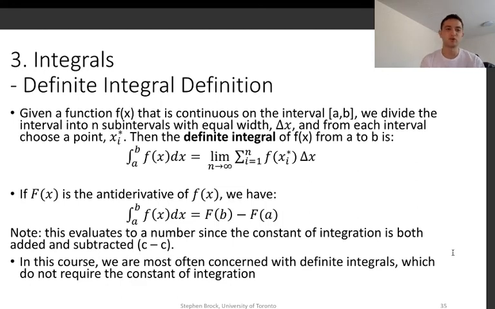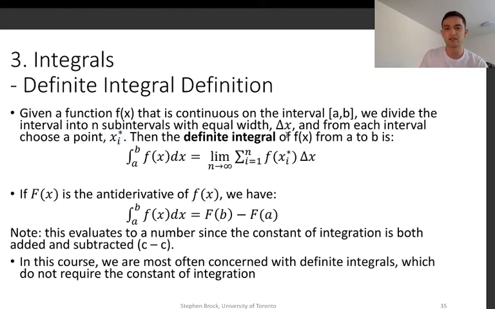Alright, so moving on to the definite integral. Again, this is a very technical definition, but it's important to understand what the definite integral represents. Given a function f of x that is continuous on the interval a, b, we divide the interval into n subintervals with equal width, delta x, and from each interval choose a point xi star.